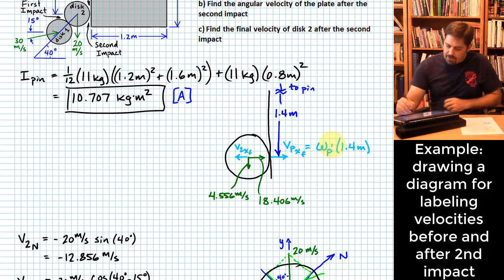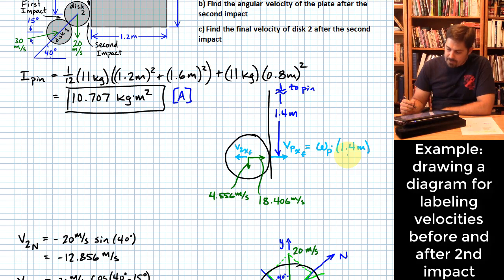All right, so now we have expressed the velocity of point P at the point of impact there in the x direction, final. We've done that in terms of omega and that radius value of 1.4.